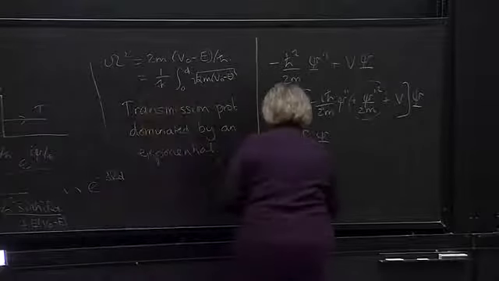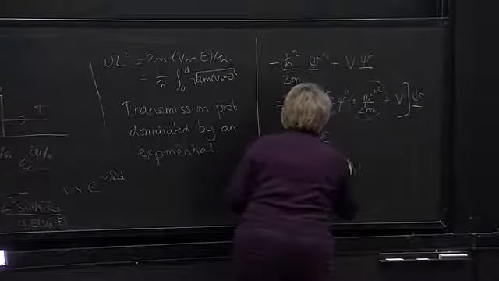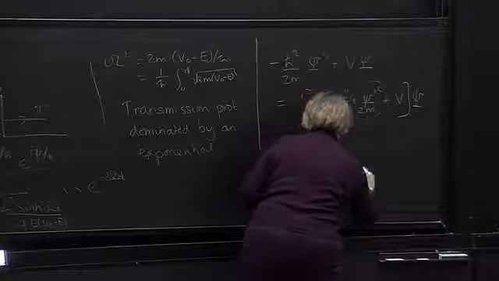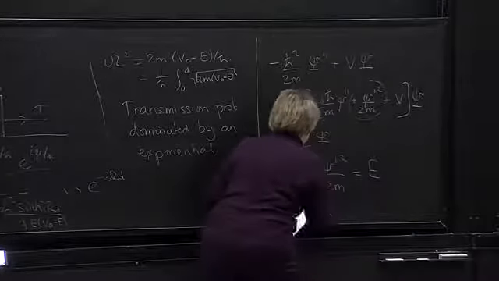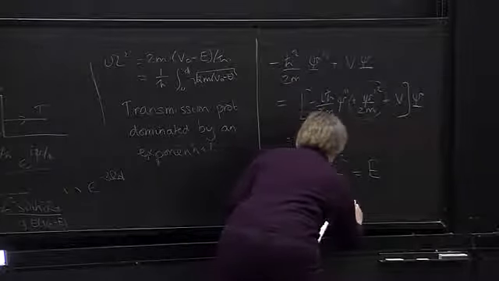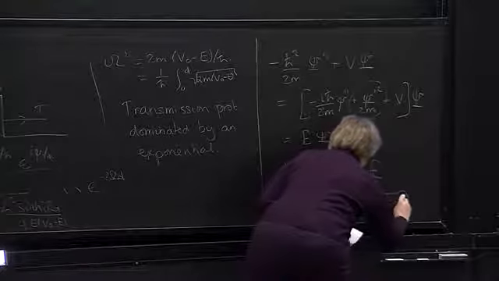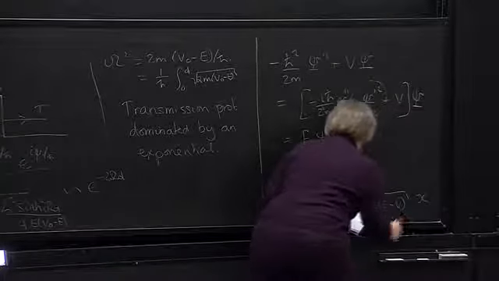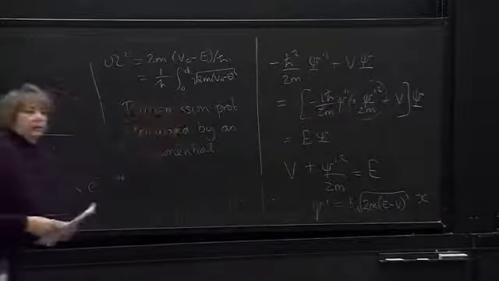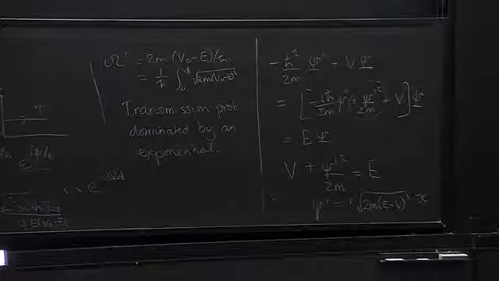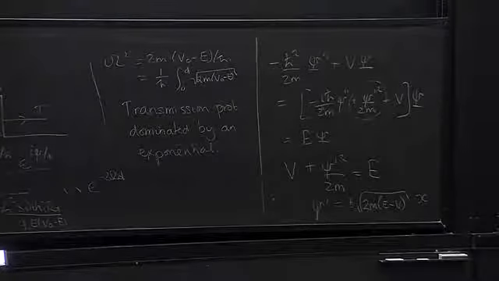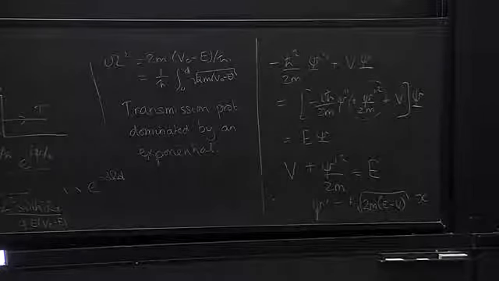So our equation of motion looks like the following. So this is kind of where we're picking out the main dependence of the wave function.